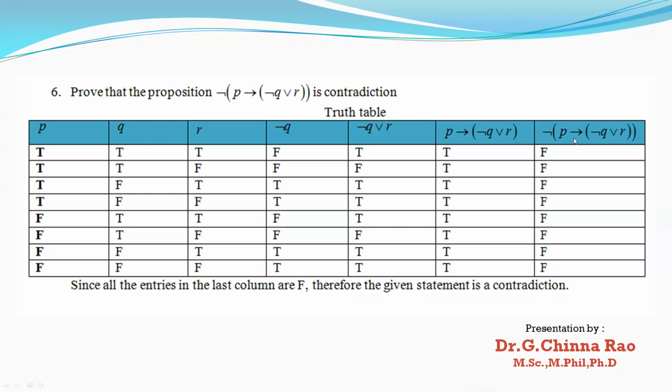When the compound proposition or given formula contains all false values, then it is called a contradiction, as per our magic box. So every time, you remember more and more.